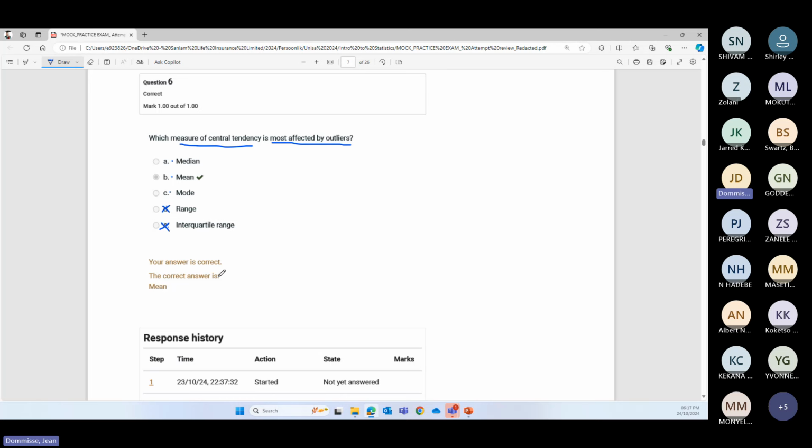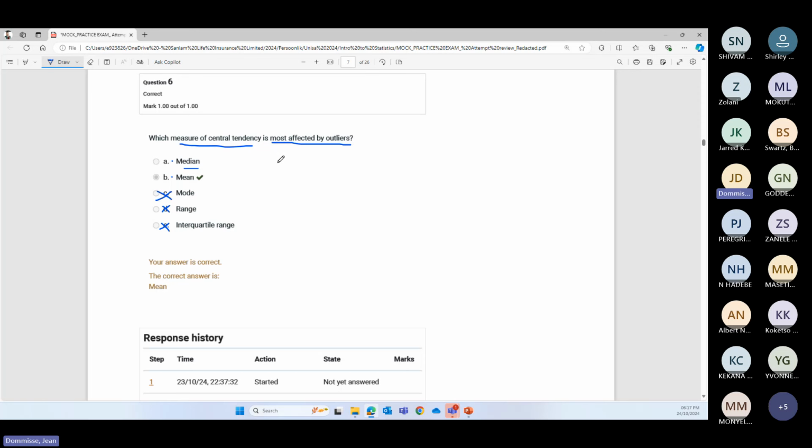That one is not. Okay, so mode is how many times a number appears. So if there are outliers, it will not affect your mode unless there are a number of outliers, but then they will also not be outliers if your mode is the outliers. So mode is not affected by outliers.